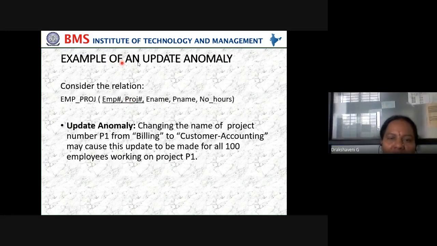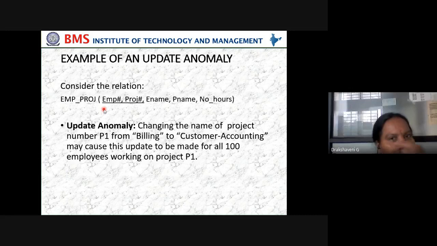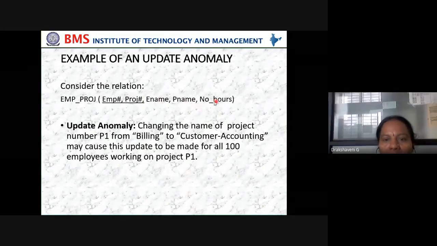Then examples of an update anomaly. Consider this relation. Let us see one example for the update anomaly. In the employee project, we have an employee number and a project number, along with an employee name, project name, and number of hours.